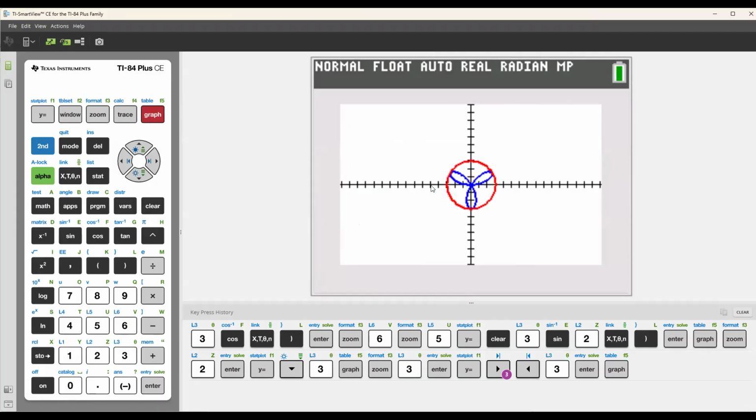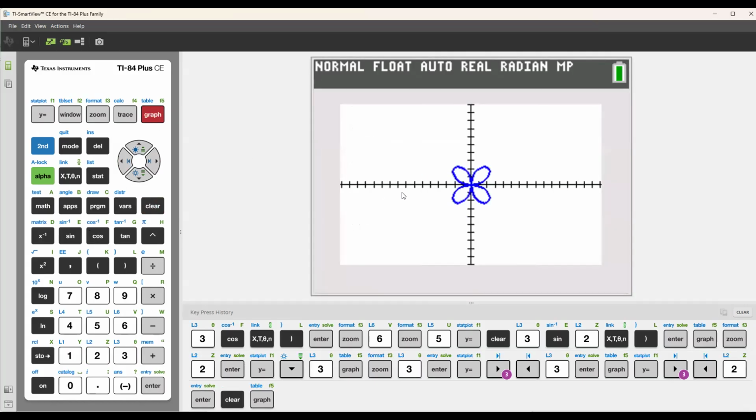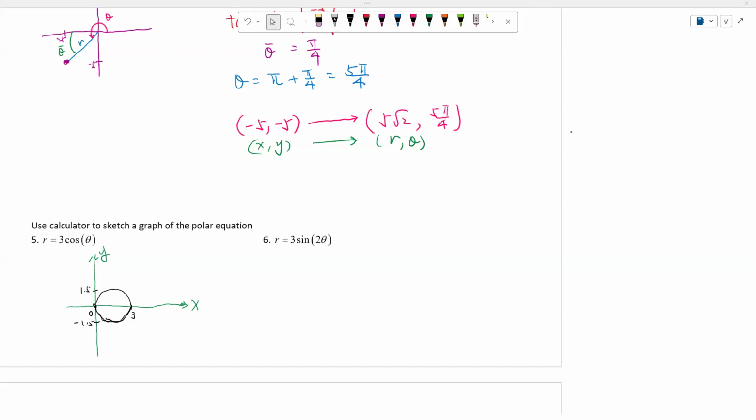So again, you could play around with your calculator to see what you could get from the polar equations. Now in this case, you have 4 leaves.